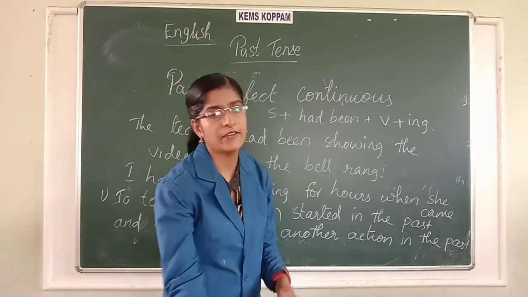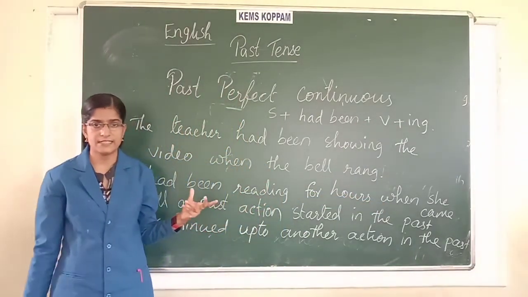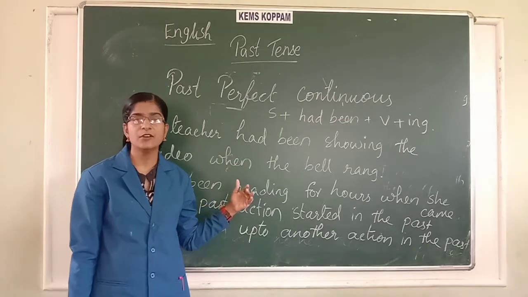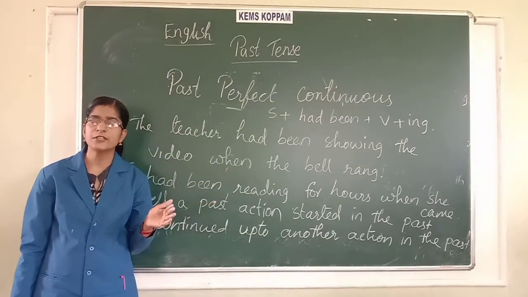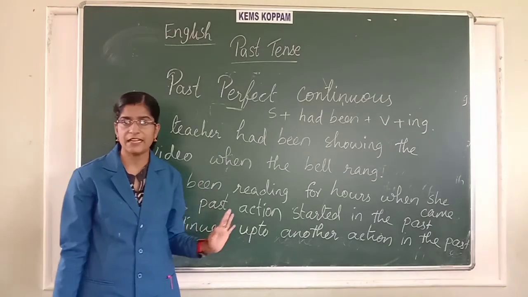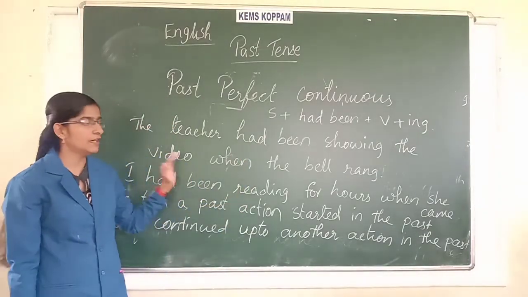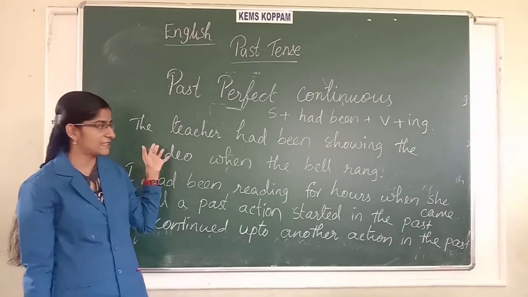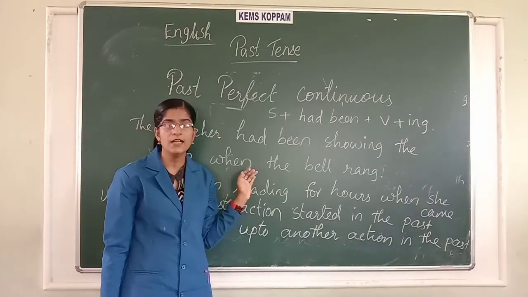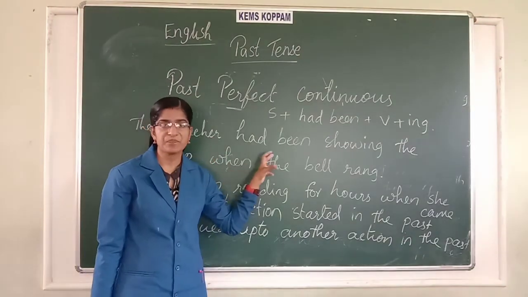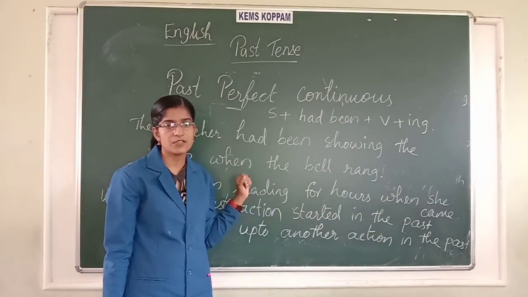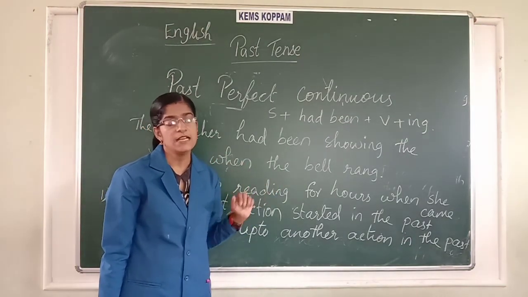It had been raining for 2 days. That means it started in the past and continued for 2 days. Now it is not raining, but it continued for 2 days. I had been working in that institution for 10 years.